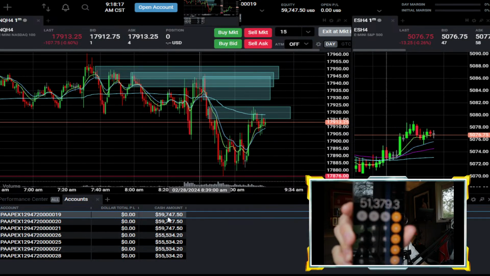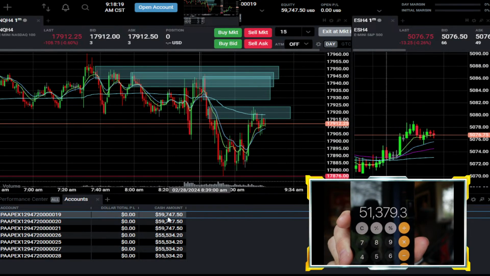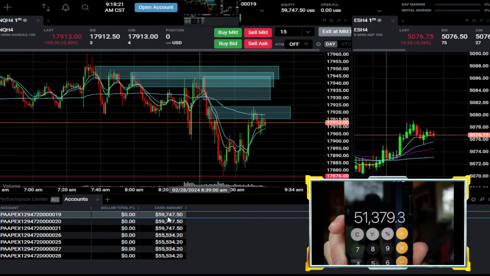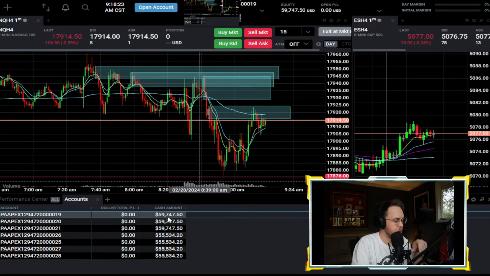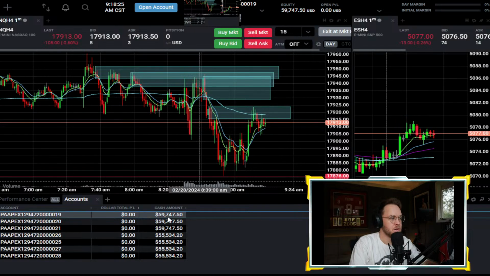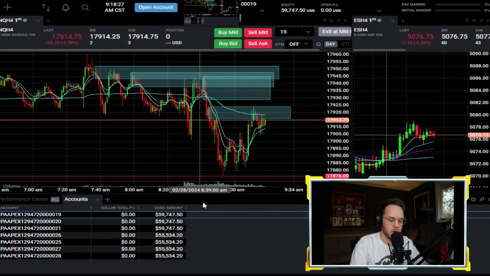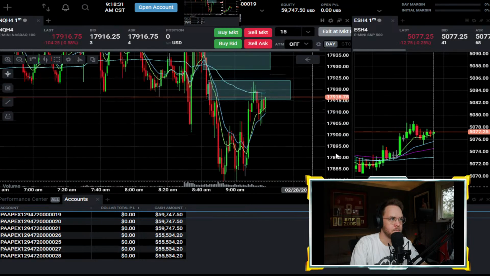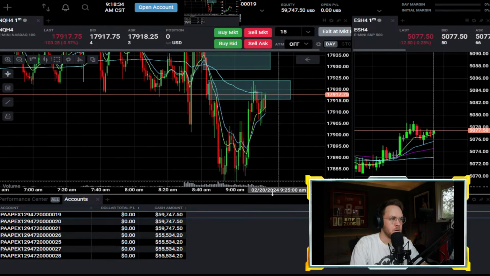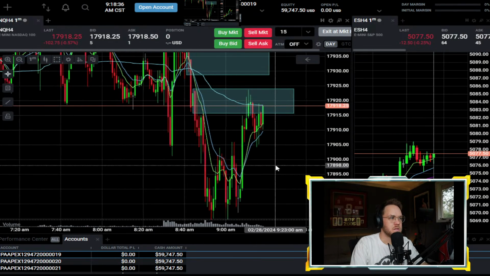So you can see that's our current account balance with Apex. So we are hoping to close the day higher than that. Let's see what we get.